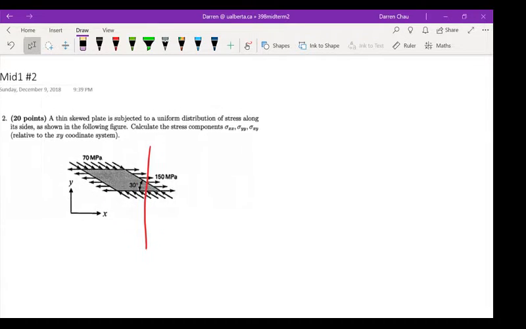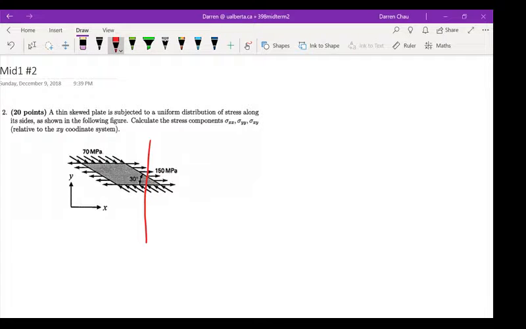After you cut the plate, this is the corner of the plate that is being cut. Since it's being cut, the stress element is being exposed, so that would be sigma xx in this orientation. I would assume sigma xy in that orientation.